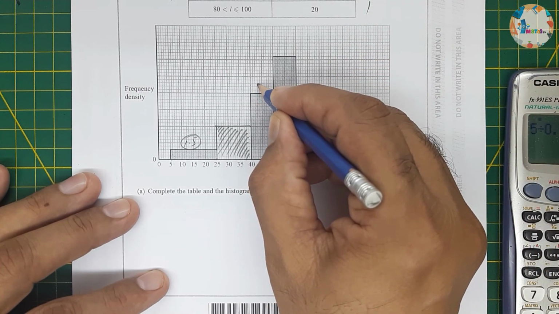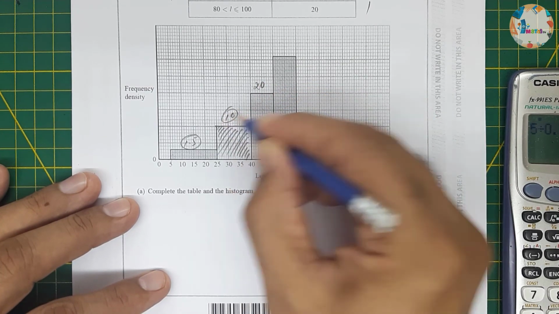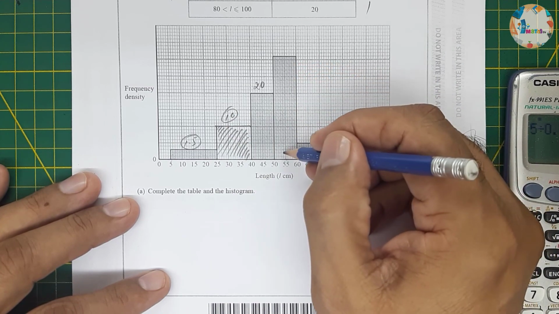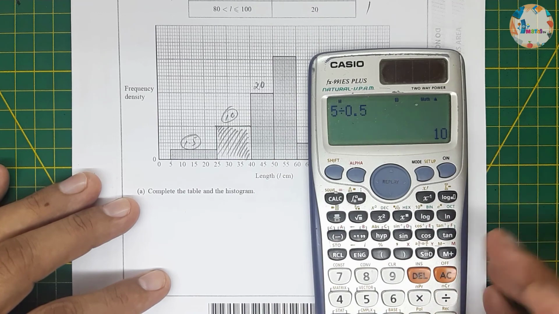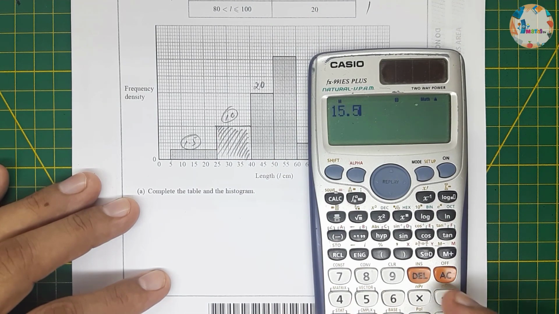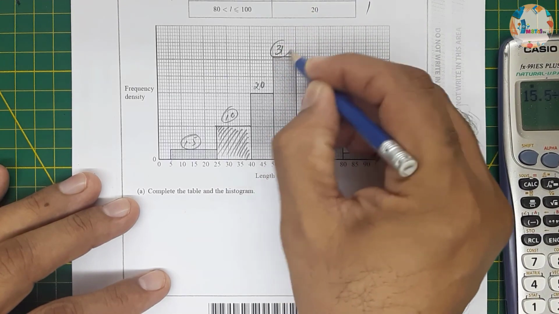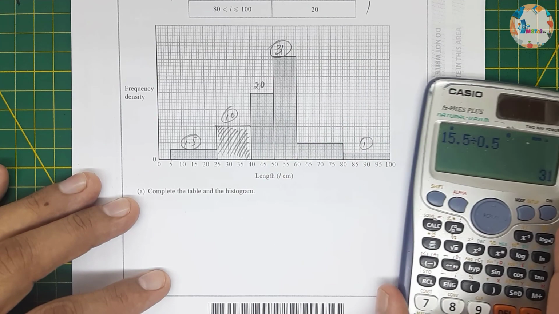So this height will be 20, this height is 10, and this will be 31. 15.5 divided by 0.5, this will be 31. So this height is 31, and for this height we can check this also.